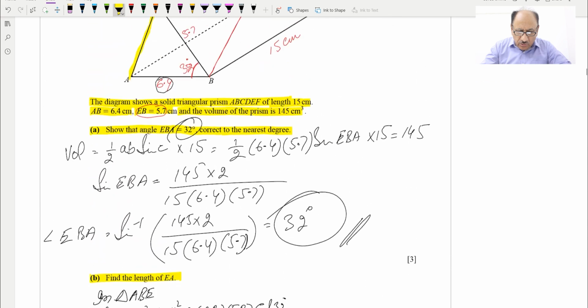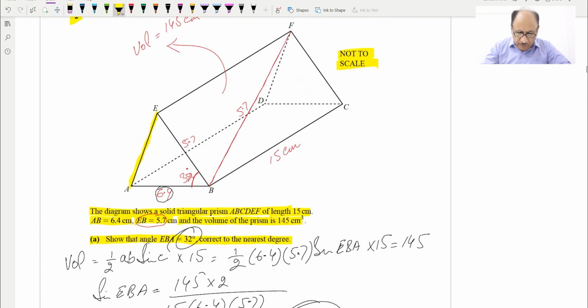Now the next part, they say calculate the shortest distance from E to AB. The shortest distance from E to AB will be this perpendicular distance, which we can draw like this.